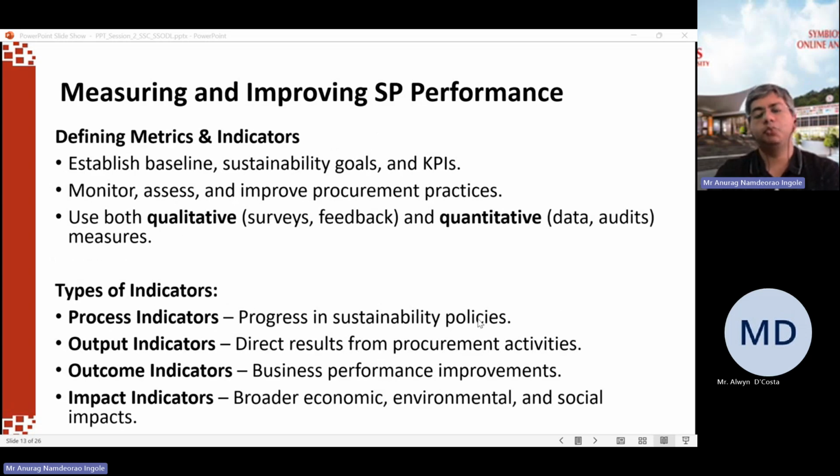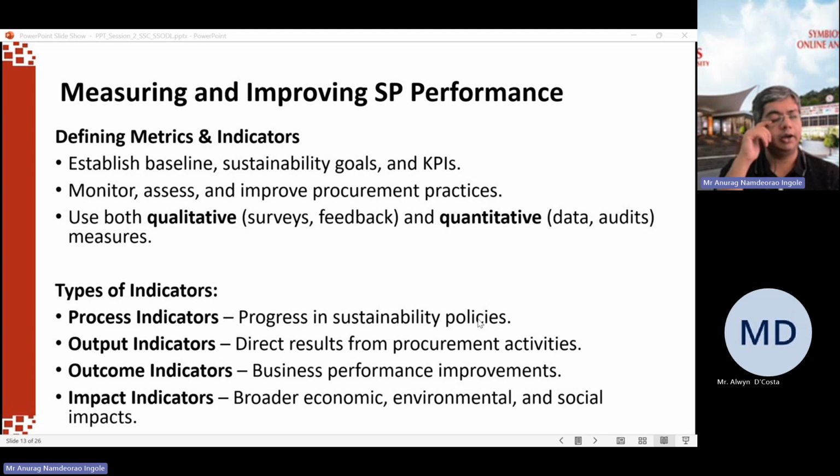Then the most important parameter is also measuring and improving sustainable procurement performance. We are taking some initiatives. There are some organizational-level sustainability goals given to us, but in the day-to-day implementation of those sustainability initiatives, we also need to make sure that we are on track on achieving those goals, right?